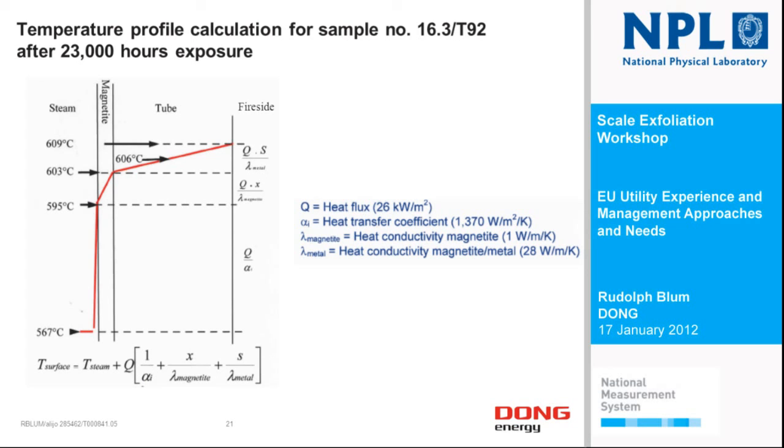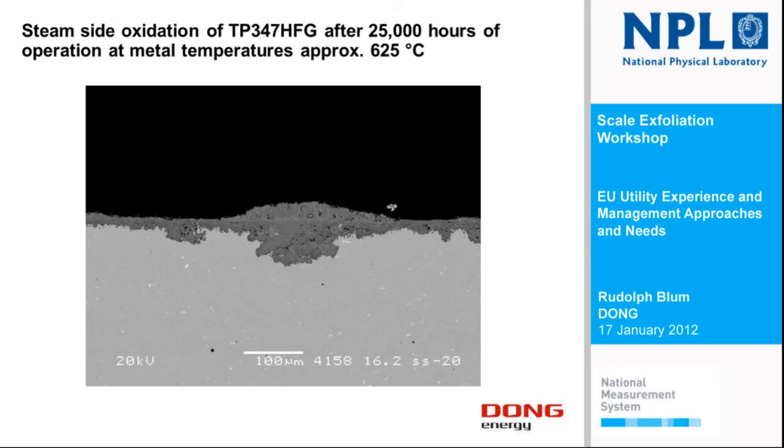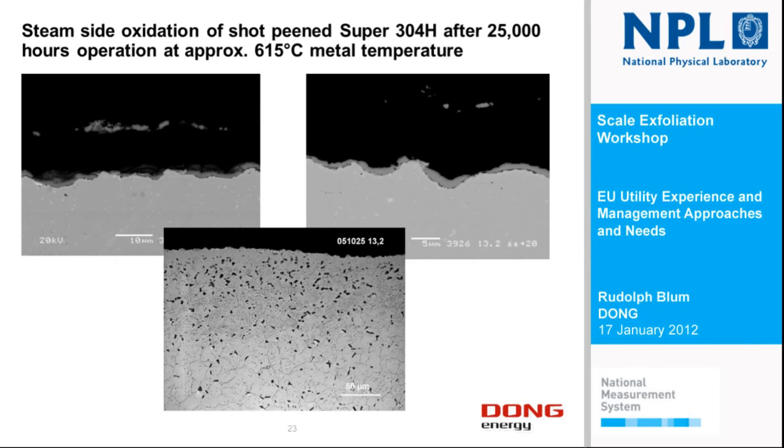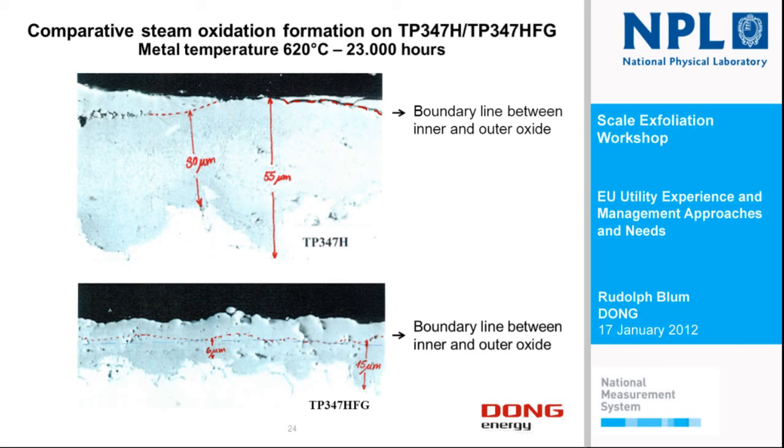Here are some examples from samples from this test condition, and I just want to show you one here at the end of my speech. Here you have two samples, one of normal 347 and one of fine grain 347, and they have been exposed close to each other for 23,000 hours at a metal temperature of 620. They have just the same temperature, and here you see the difference between a fine grain structure and a coarse grain structure.